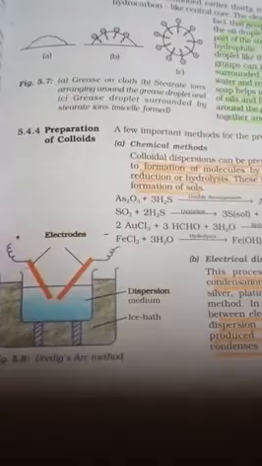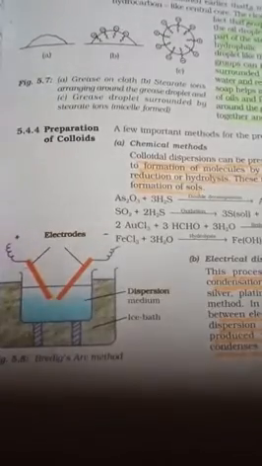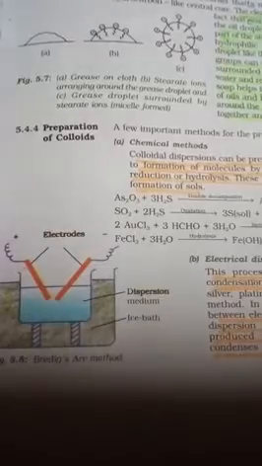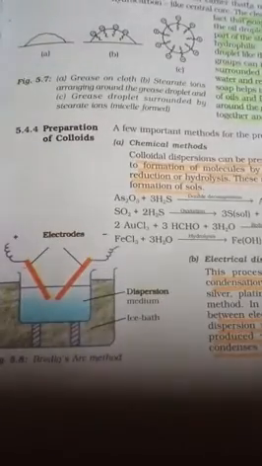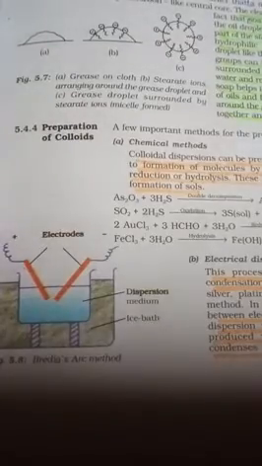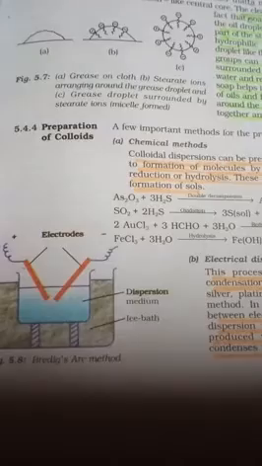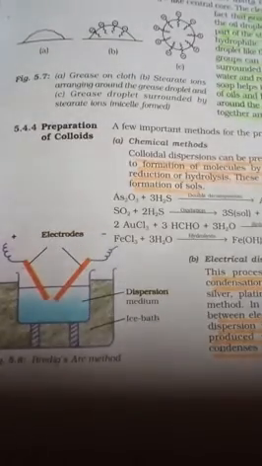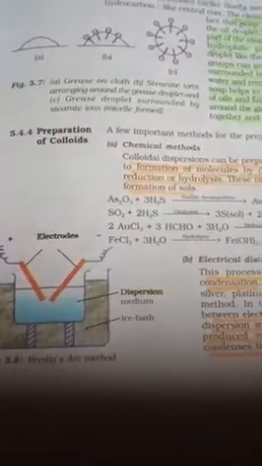When you strike the two electrodes, an electric current will be produced, which means an electric spark will be produced. This spark gives heat and the metal starts vaporizing, and this vapor again condenses to form particles of colloidal size. So this is what we have done in the Bredig's arc method.